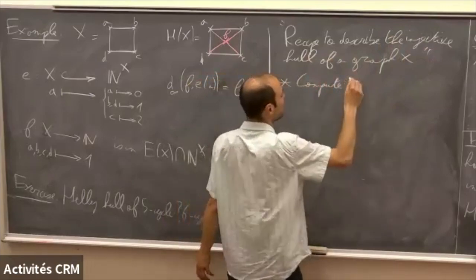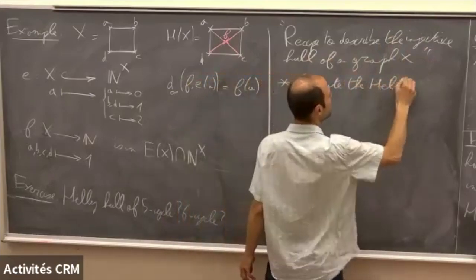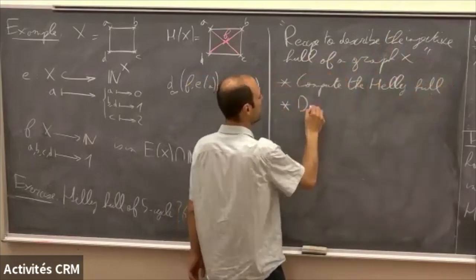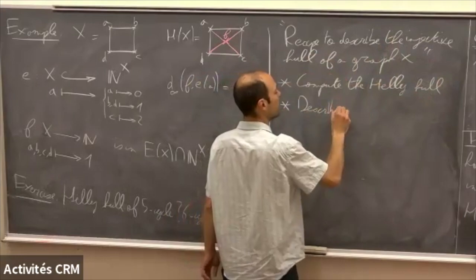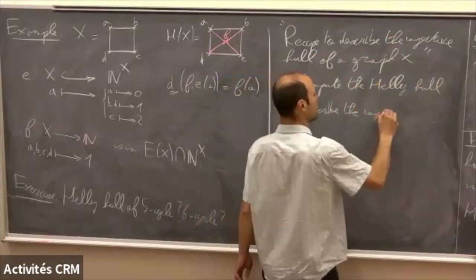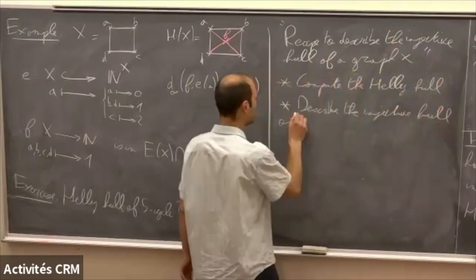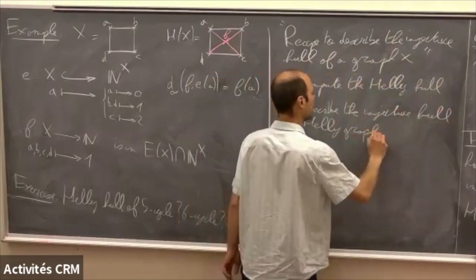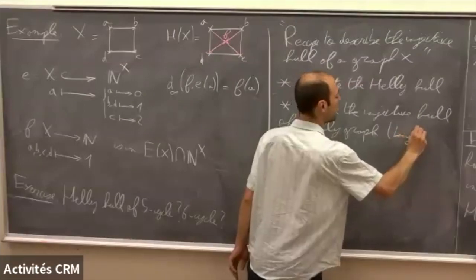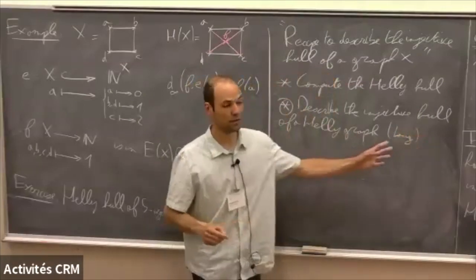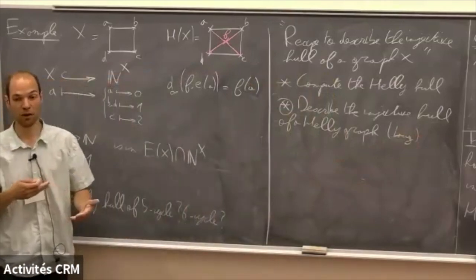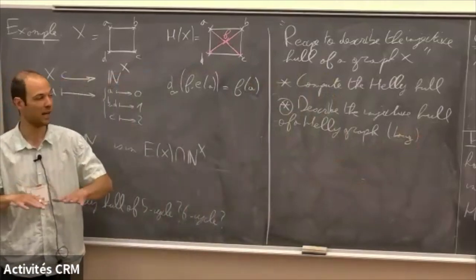Well, this is hard in general, but sometimes you can do it. And then you can describe the injective hull of the Helly graph. And this has been done by Lang, and I will now explain to you in a minute how you can describe the injective hull of a Helly graph, how to fill in the holes of a Helly graph.